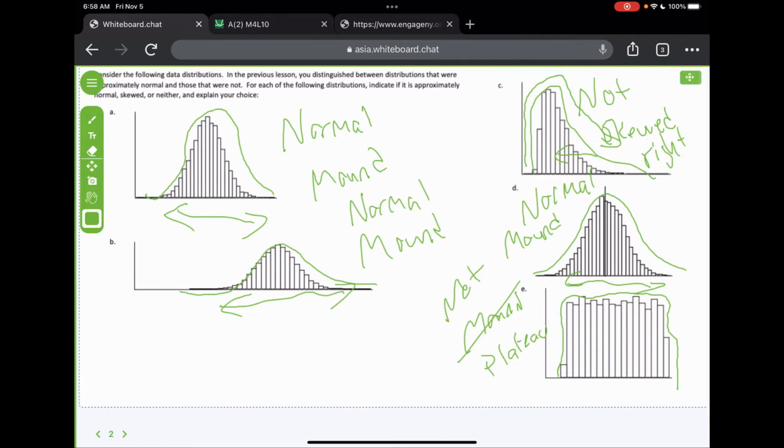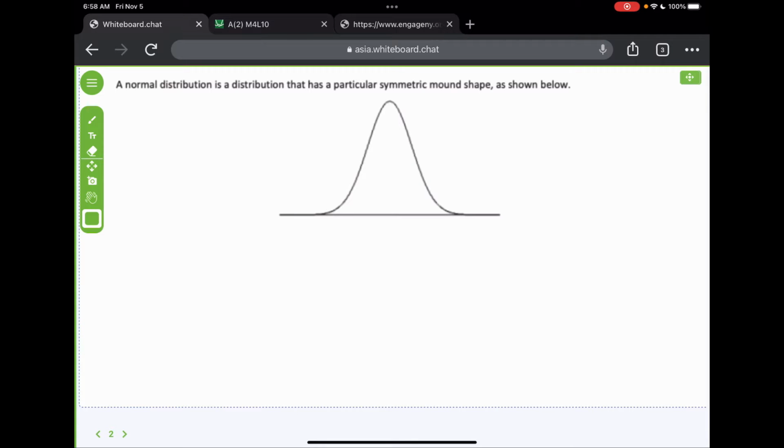So what we're looking for in a normal distribution is a distribution that has a particular symmetric mound shape, just like this. Of course, it can be flat or not as tall, but as long as it's mound shape, everything should be okay. Okay, so that is normal distributions.